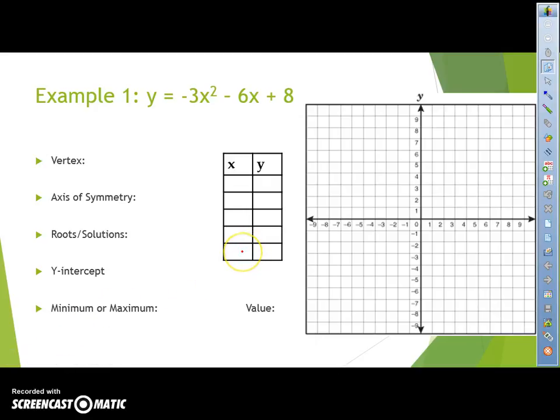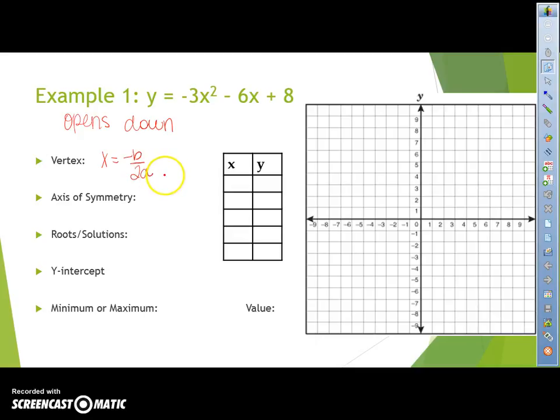So looking at this first example here, we're using negative 3x squared minus 6x plus 8. Knowing that our a value is negative 3, we automatically know that our parabola is going to open down. To find our vertex, we use x equals negative b over 2a.